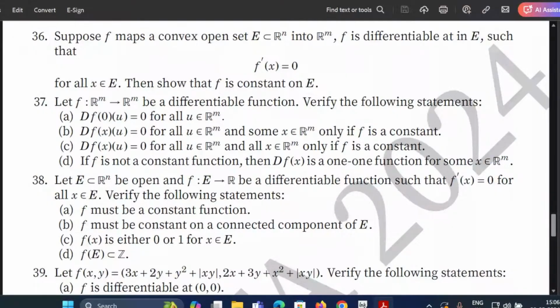Consider again a non-zero matrix. But it's given that it is 0 for all u and for some x. So can we say that f should be a constant function?